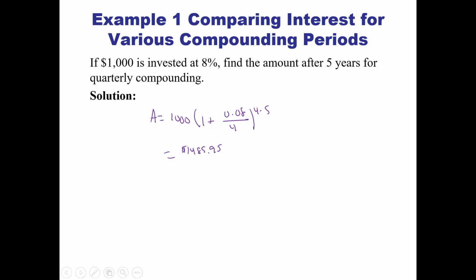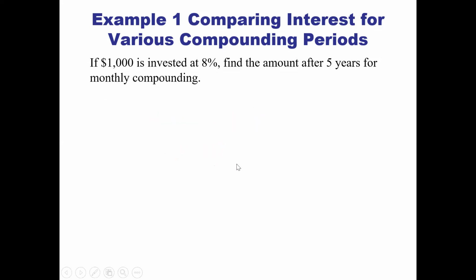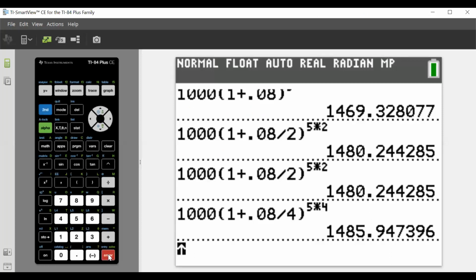So we get 1485.95 for quarterly. And I think we have another one here, monthly. Okay, so monthly, we're going to have A is equal to 1,000 times 1 plus 0.08. Now we're doing monthly, so that's 12. And we have 12 times 5. So now we go back to our calculator, and so let's do a second enter.